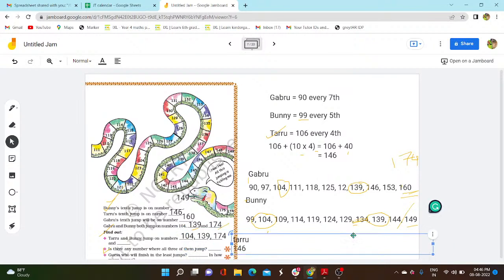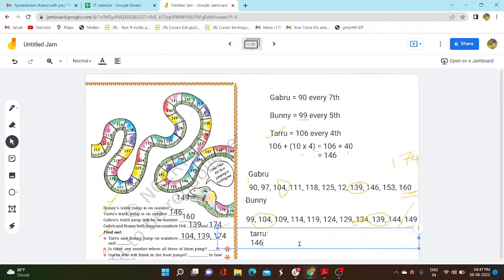We can simply try adding in fours to 146. So 146 add another 4 would be 150. Add another 4, 154. Add another 4, 158. Add another 4, 162. Add another 4, 166. Add another 4, 170.